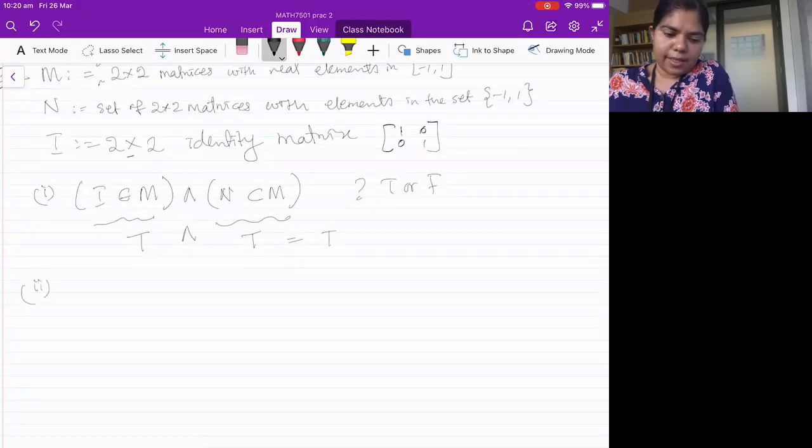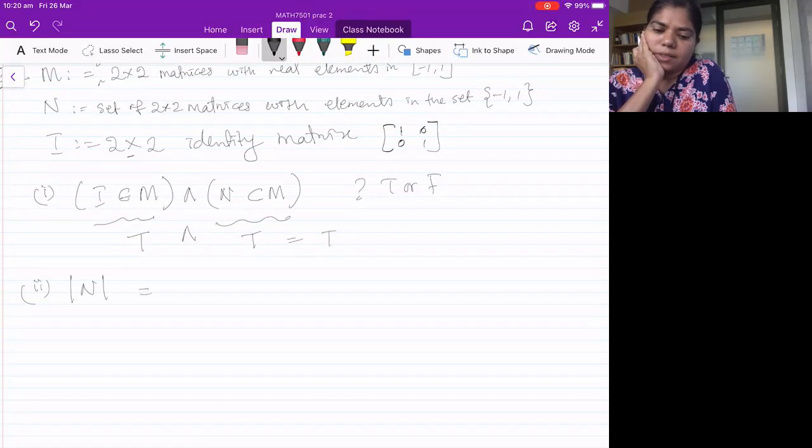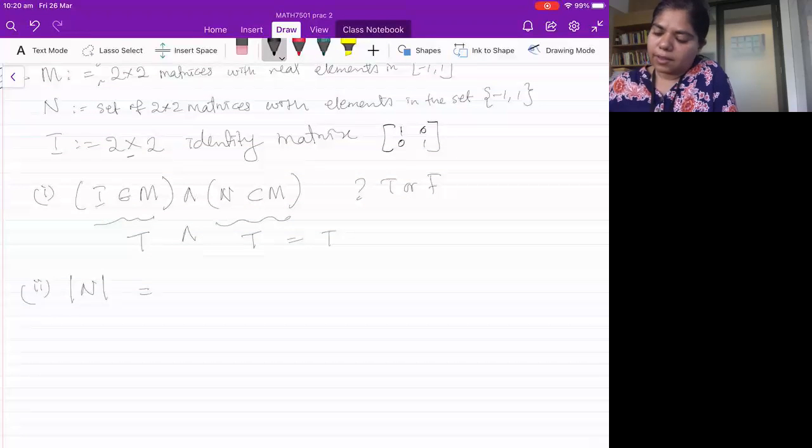Second is the cardinality of N. What is this? N is, yeah, 4 buckets, 2 holes.